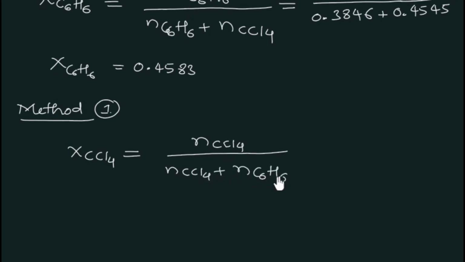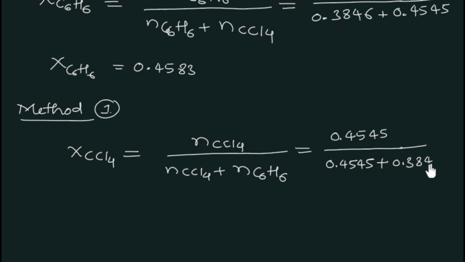That is 0.4545, divided by the sum of 0.4545 and the benzene, 0.3846. After solving this, the answer is 0.5417.